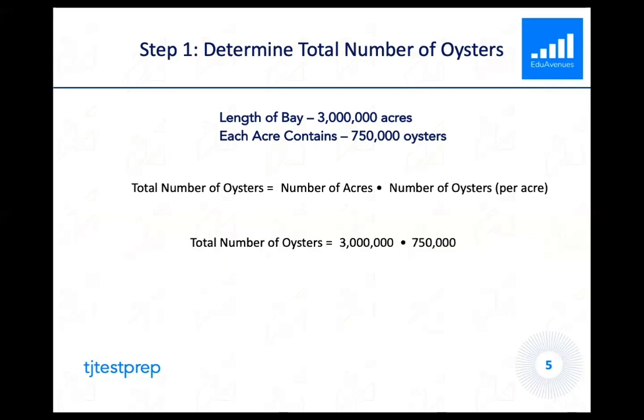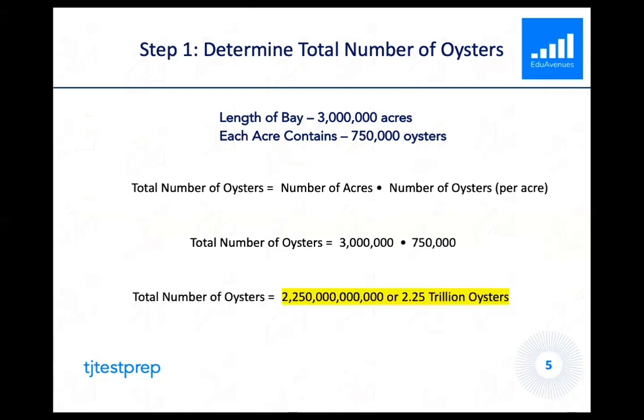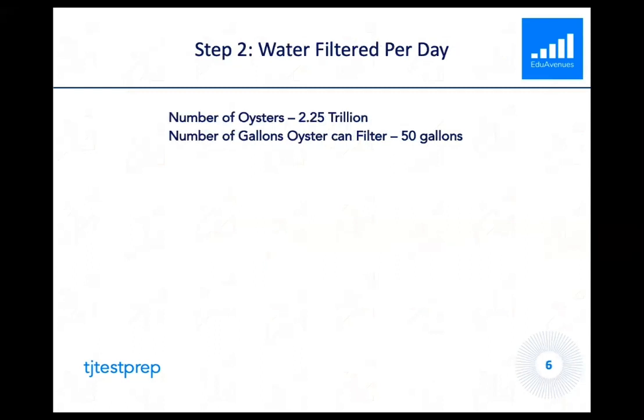So if we substitute each value, we would get 3 million times 750,000. Upon multiplying this expression, our final answer would remain as 2.25 trillion oysters. And this would be the total number of oysters in the total 3 million acres.